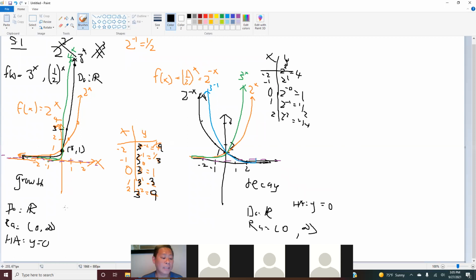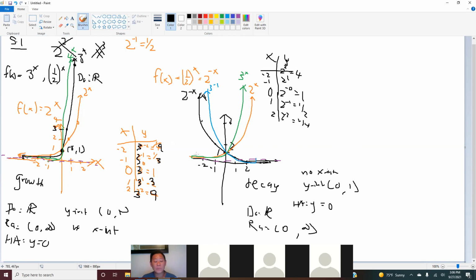And it has a y-intercept at 0, 1. You cross it here. This one also has a y-intercept at 0, 1. And it has no x-intercept because it never crosses the x-axis since it goes parallel with the x-axis. This one also has no x-intercept. It never crosses the x-axis.